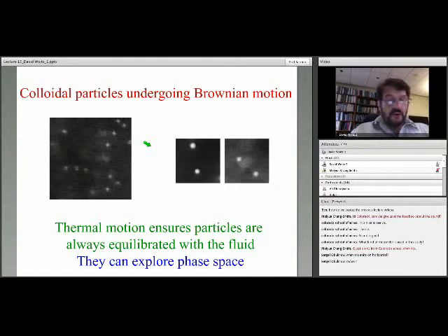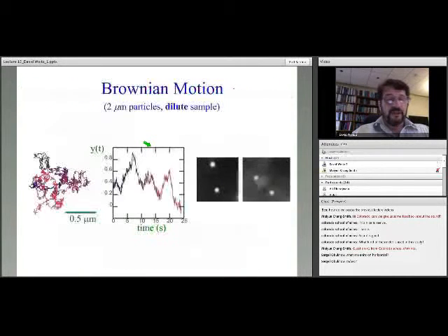The fact that they're thermalized lets me think about them in certain ways, and very often what I'm going to do is ignore completely the behavior of the fluid. Let me give you a specific example of what this thermalization looks like.